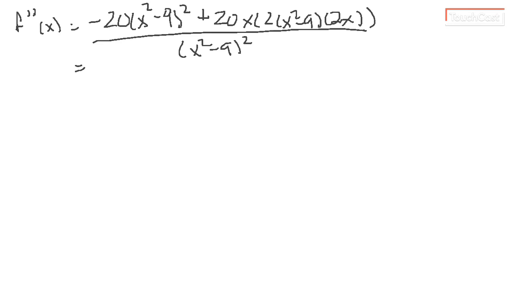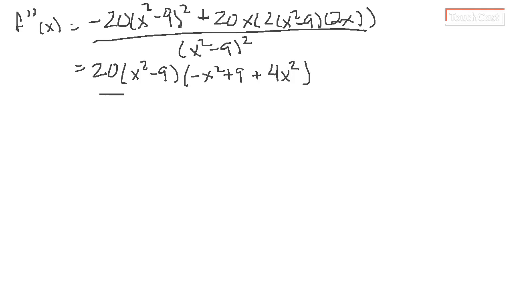So we're going to bring out 20 and an x squared minus 9, which means in that first part we've got a negative x squared plus 9, plus we've got x times 2 times 2x, so that's going to give us 4x squared, and that's all still over x squared minus 9 squared.